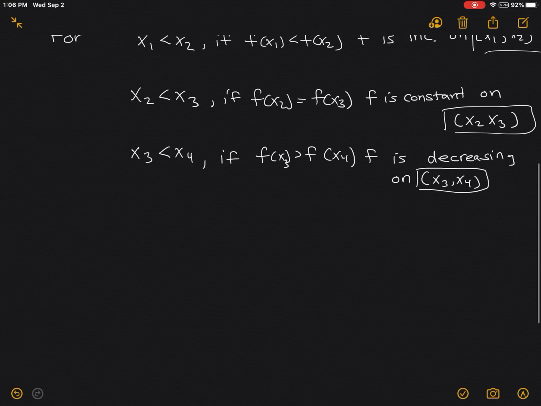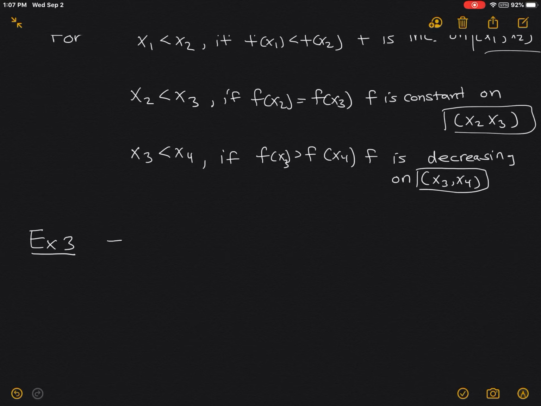All right, so let's take a look at an example here. I think we're on example number 3, but that should be irrelevant here. It says use the graph shown to describe the increasing and decreasing behavior of the function.